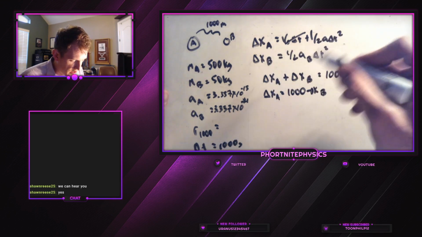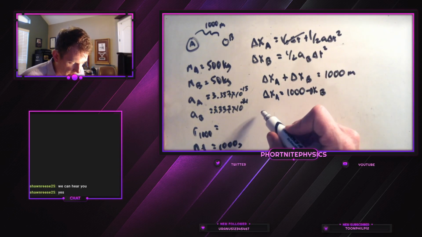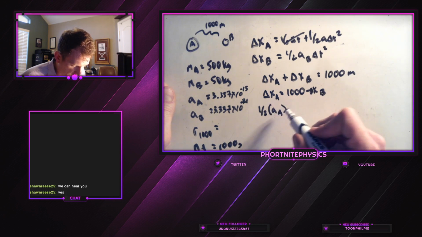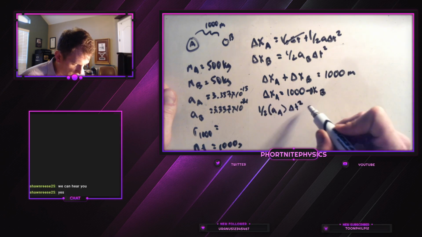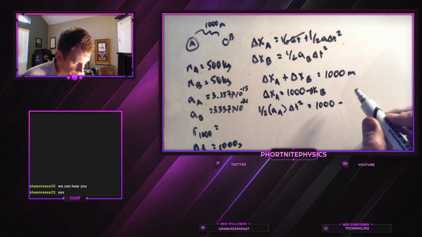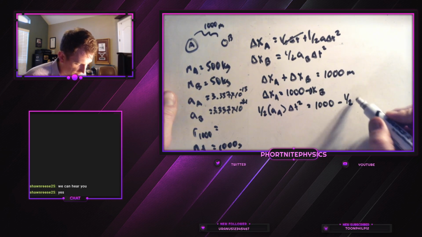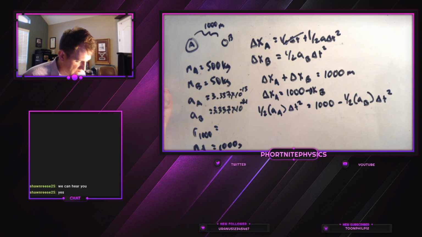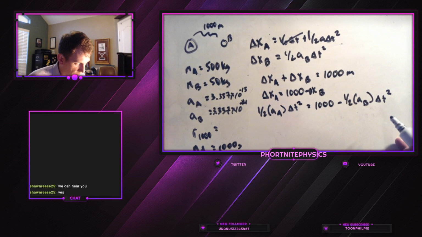Now, since we know how to define both of these, we have 1/2 acceleration of A multiplied by time squared equals 1,000 minus 1/2 A B multiplied by time squared.